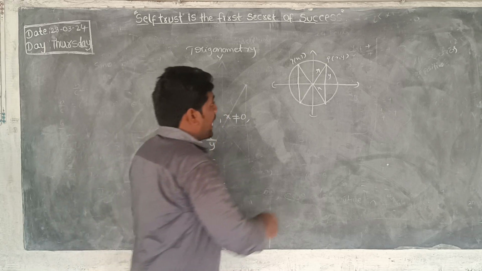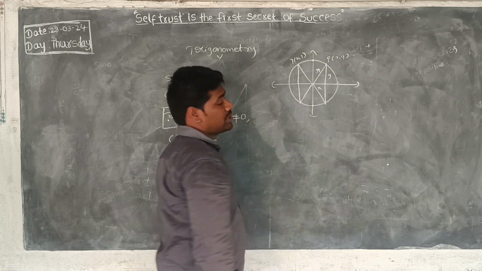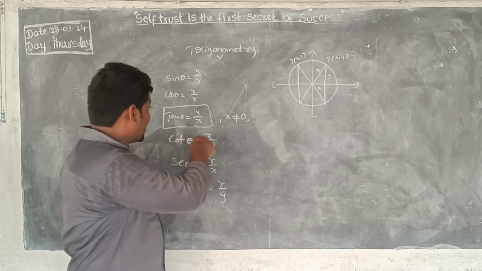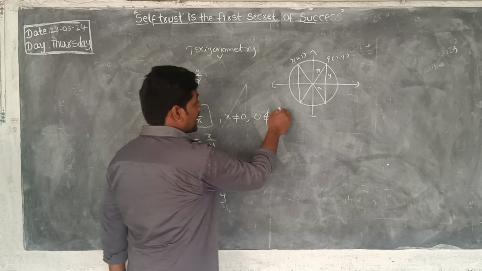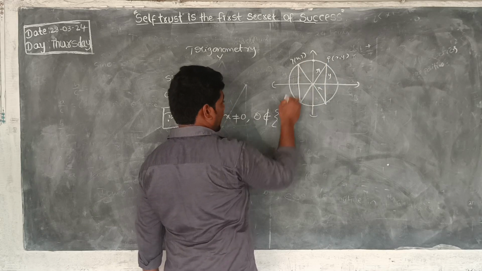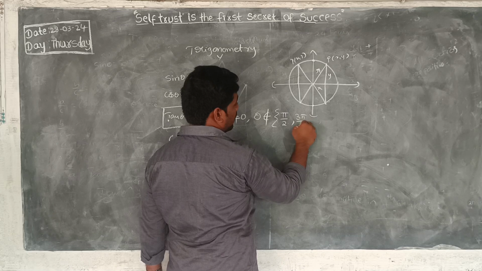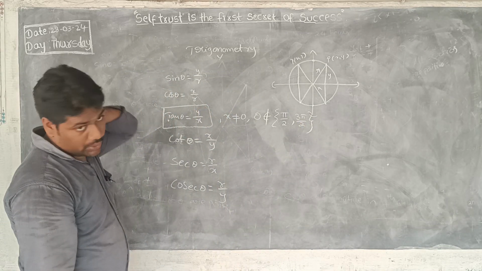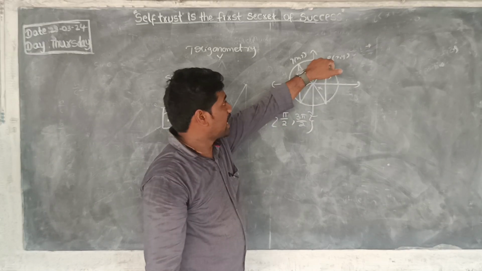In this figure, at these two points x is equal to 0. That means theta does not belong to pi by 2, 3 pi by 2. These are the places where x is equal to 0.